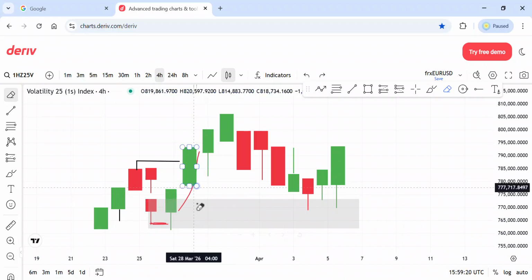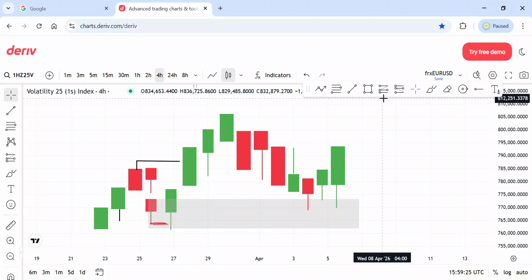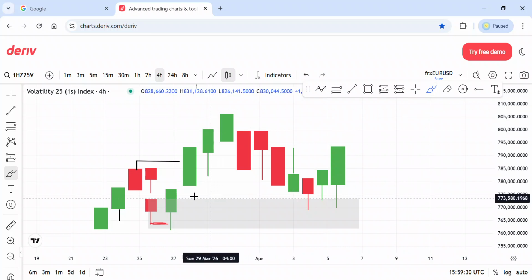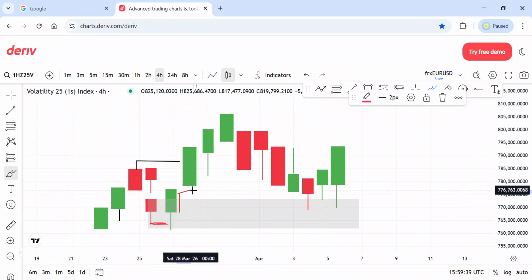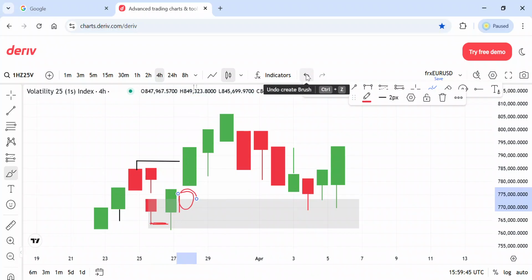Okay, so there must be an inefficiency. Some people call it fair value gap and some people call it imbalance. Whatever you call it in your region is fine, just know how to apply it on the chart. So we have an inefficiency here. As you can see, there is an inefficiency right here. So that is the second criterion you need to know before marking your order block.